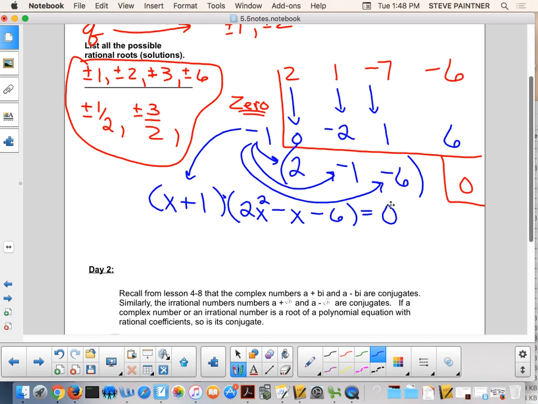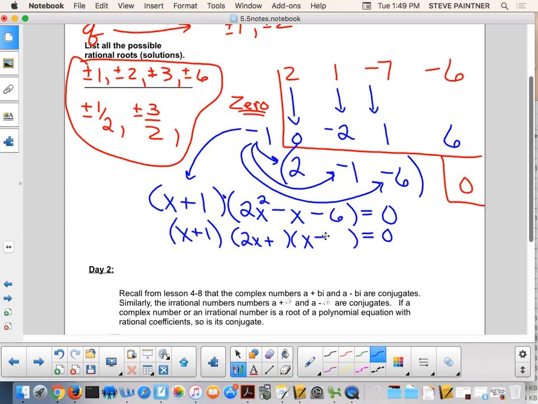Okay, well, you can do the formula if you really like the formula, but I'm going to guess most of these that you're going to do today are factorables. How do you get 2x squared? 2x times x. How do you get a negative 6? Positive times a negative. 2 numbers that give you 6 when you multiply. 3 and 2, 2 and 3, 6 and 1, 1 and 6. You got to guess. 2 and 3.